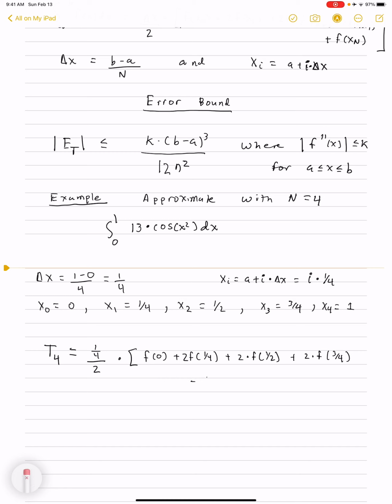And I'm going to write that on one line.